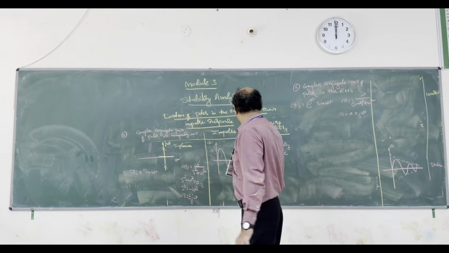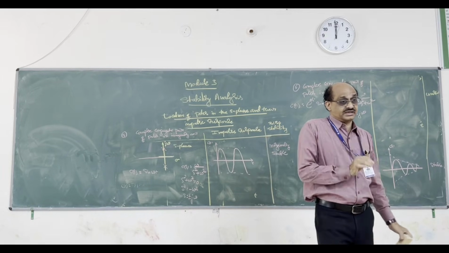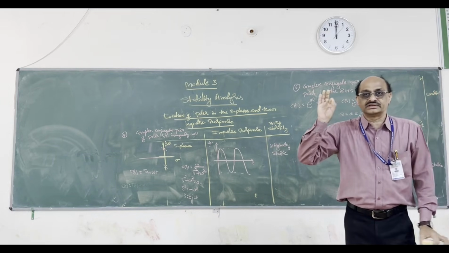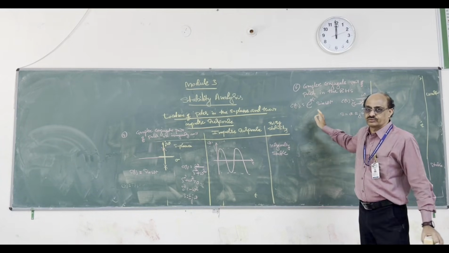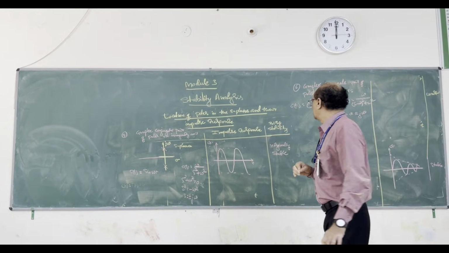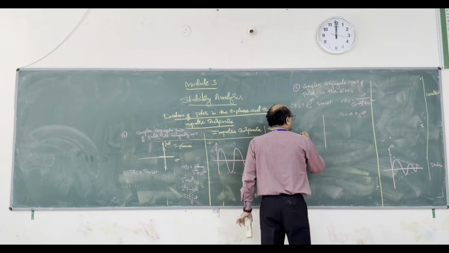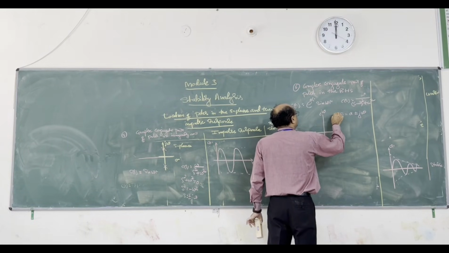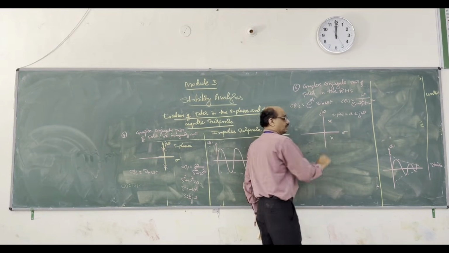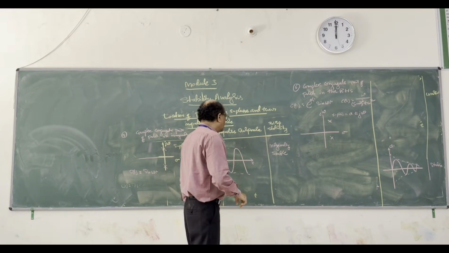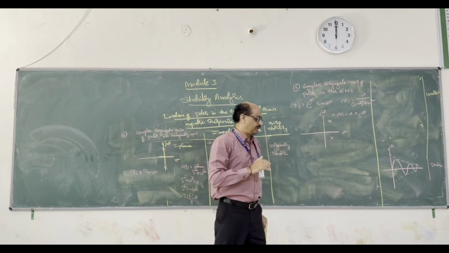In the previous one it was minus a plus or minus j omega, a negative real part, whereas here it is positive. So here the poles are located in the right half of s plane.